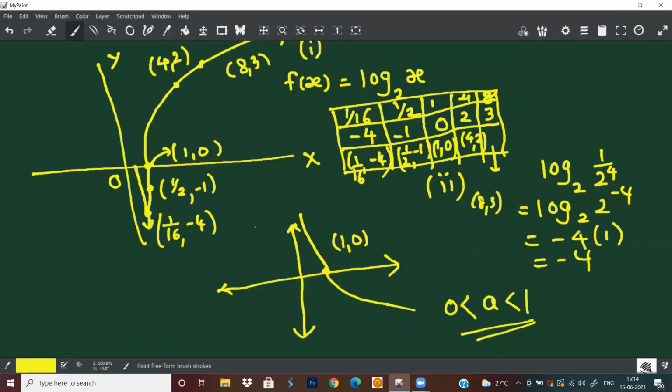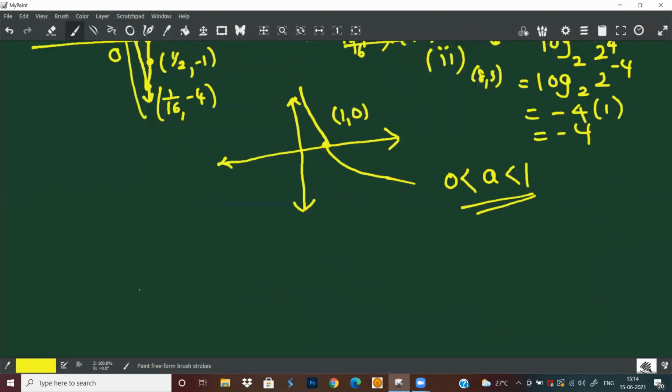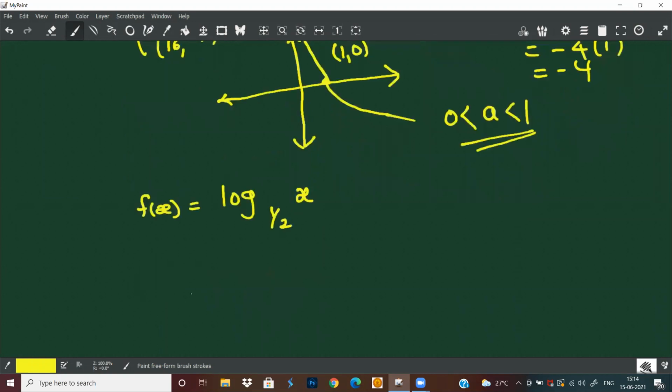Now, how do I get this graph? Chalo, let's make a table. Instead of taking base 2, now we take base half. The half is between 0 and 1.